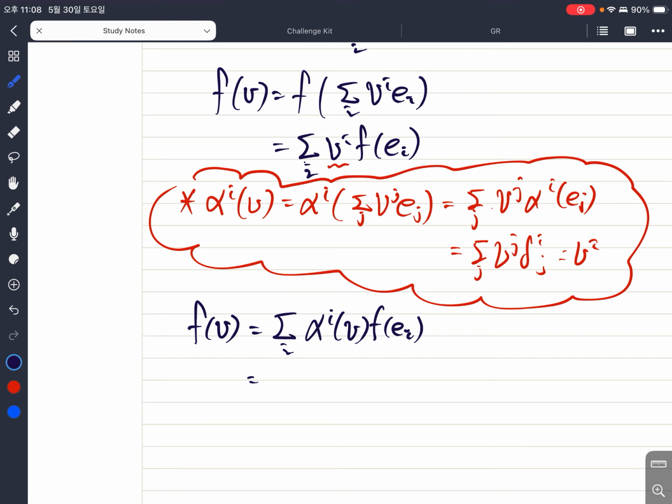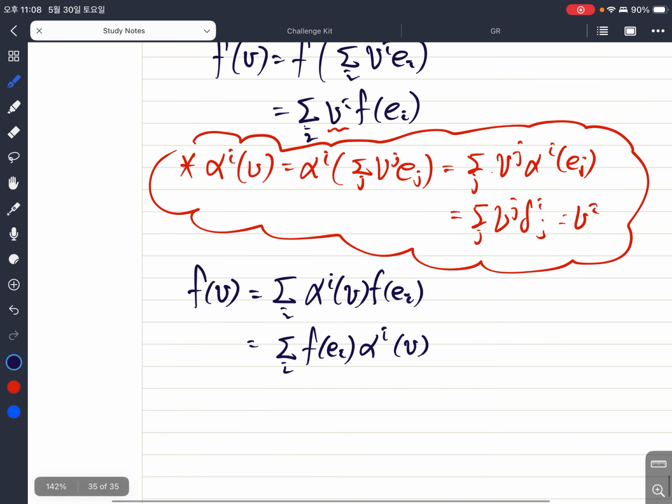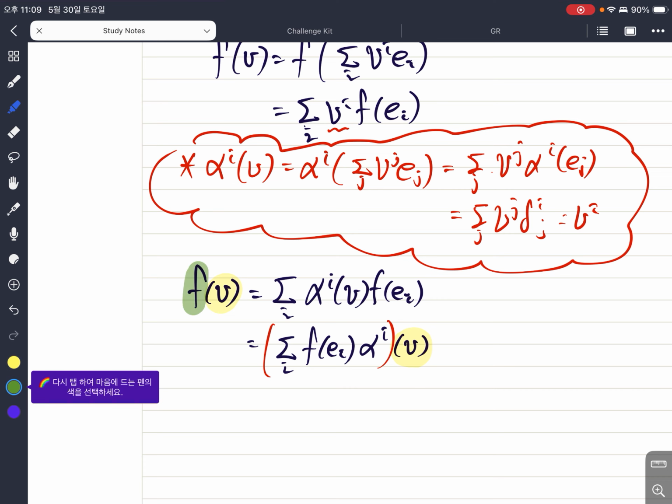It is the sum over i of f(e_i) alpha^i(v). And because the summation is on i, we can bracket this together, and comparing left and right side, we can say parenthesis v. Then the remaining thing, f, is just this one.